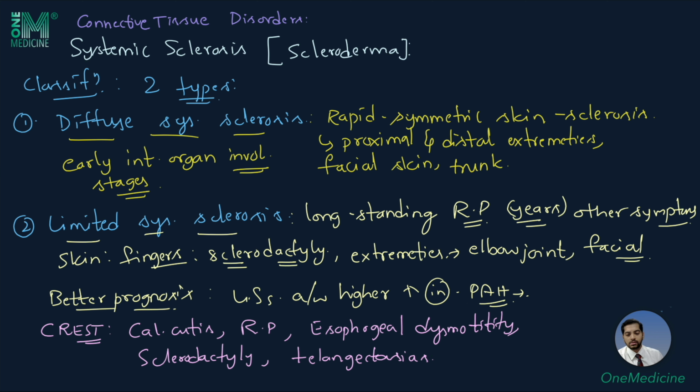So these patients, classically, these are the questions that are asked in competitive exams, where the patients will have calcification of the tips of fingers, and along with that, patients can come with recurrent Raynaud's phenomena symptoms. Patient can also complain of dysphagia and also pain or lumpy sensation when swallowing food, that is the esophageal dysmotility. There can be sclerodactyly. On examination, there can be thickening of the palms, skin of the palms, and there can also be telangiectasias. So this particular syndrome is called as CREST syndrome.